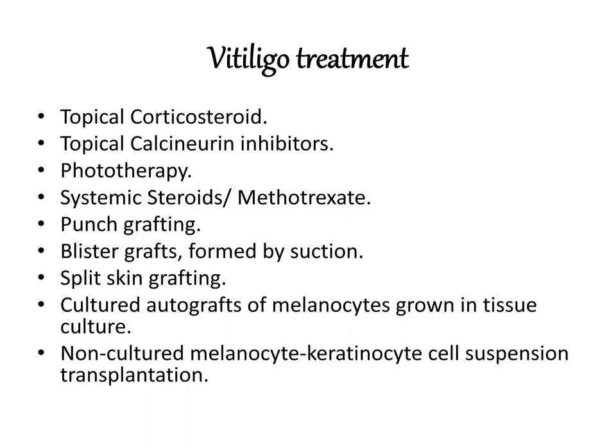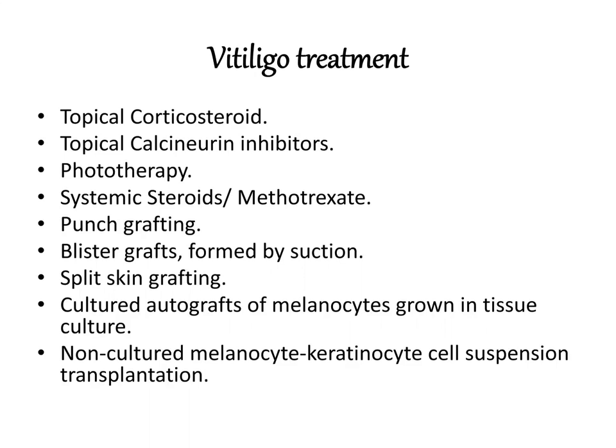That is, we take tiny punch skin pieces from the normal area and graft them in the vitiligo area. So gradually the melanocytes will spread to the surrounding area and get the area pigmented. Similarly, we can use epidermis raised by blisters.